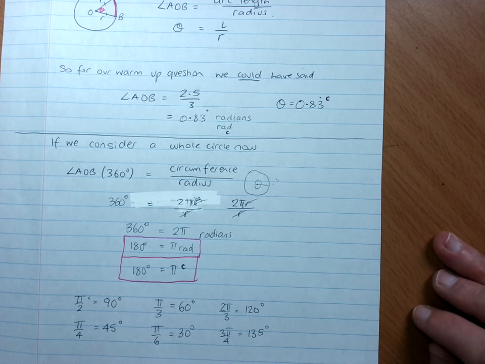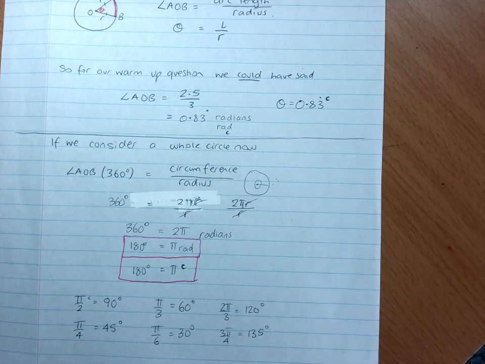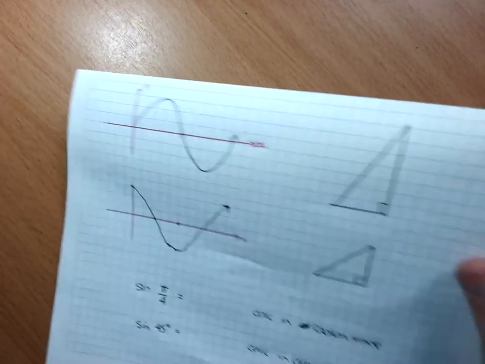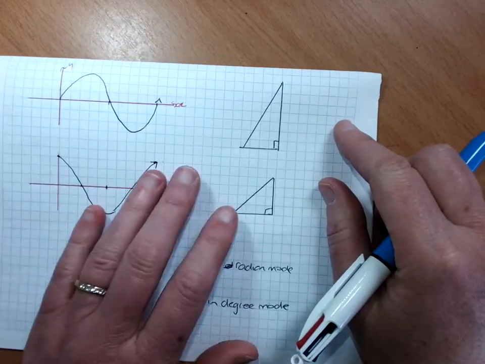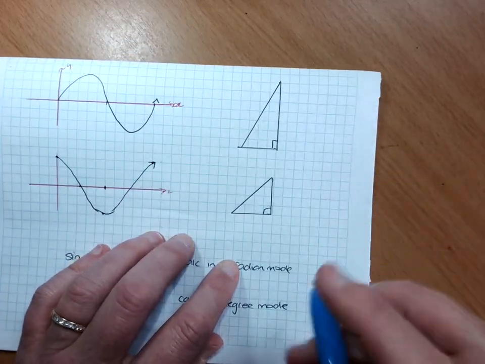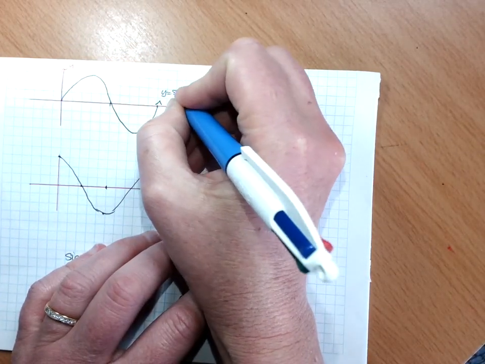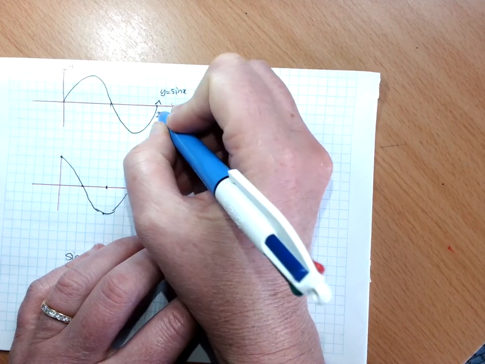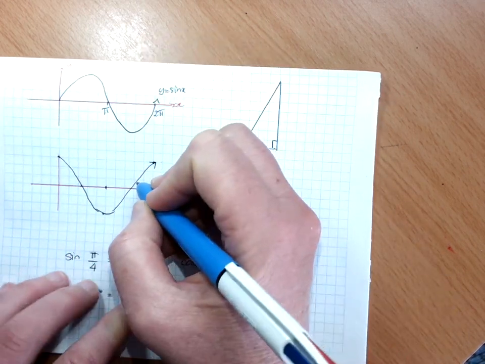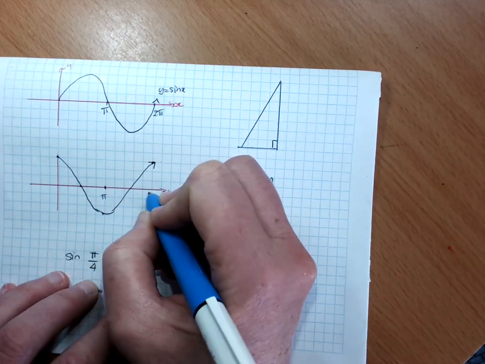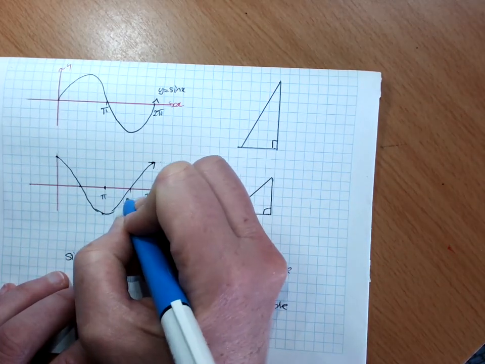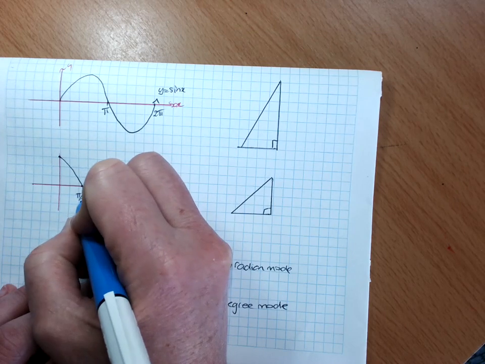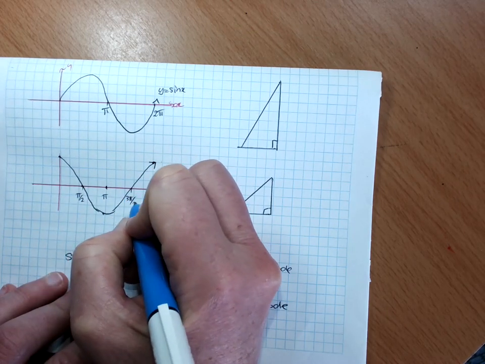But even more powerful than that, and really useful to us, is that we can now go back to what we already know about trigonometry, and we can now write our y equals sine x curve, but instead of having 360 degrees, we'll have 2 pi. We'll have pi, we can have 2 pi, we could have pi on 2, 3 pi on 2, and so on.